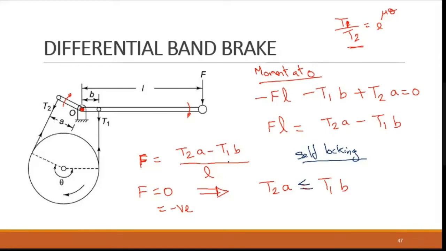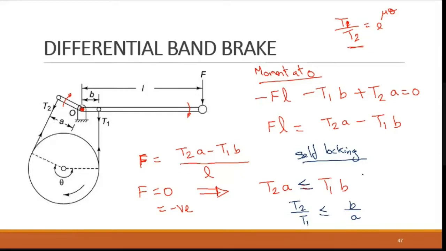T2A is less than or equal to T1B, right? Then I can say that it is self-locking. Or I can also write it in a different form: T2 by T1 is less than or equal to B by A. Whatever it is, it doesn't matter.